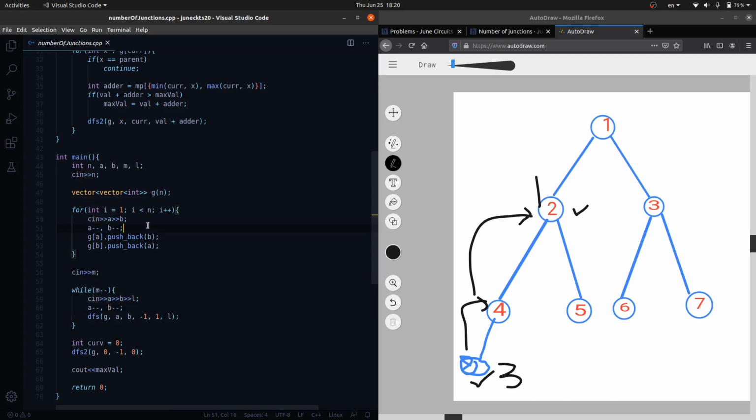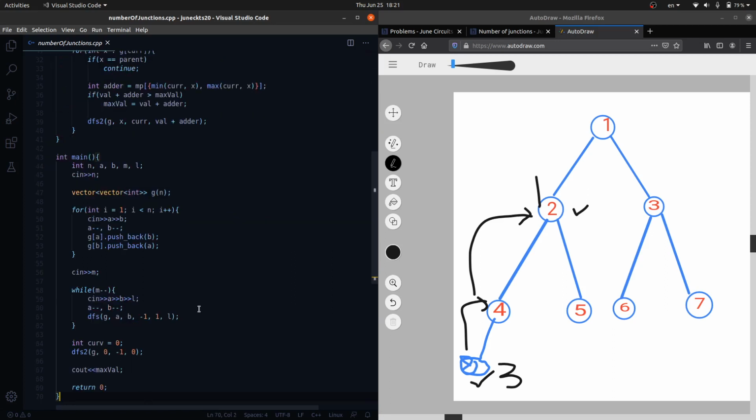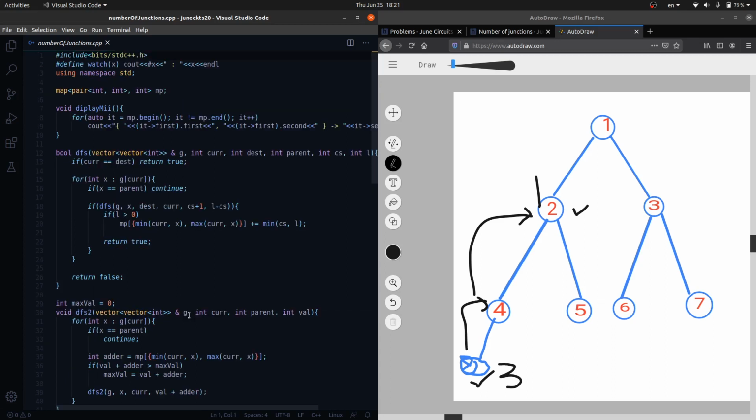Please note that I am taking node number 1 as 0, number 2 as 1, meaning 0 indexed. Then I will also take the required inputs, then I will do a DFS for each and every input of m.